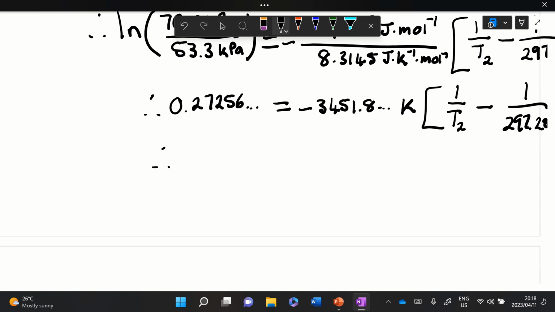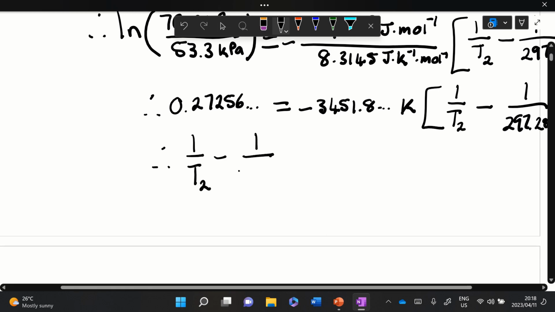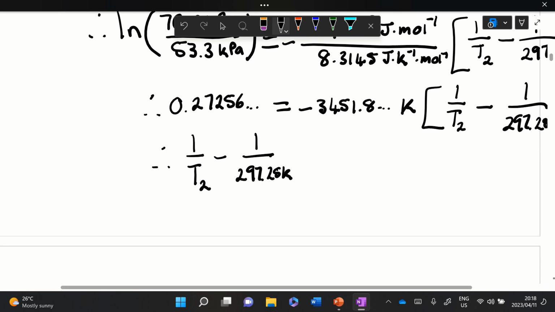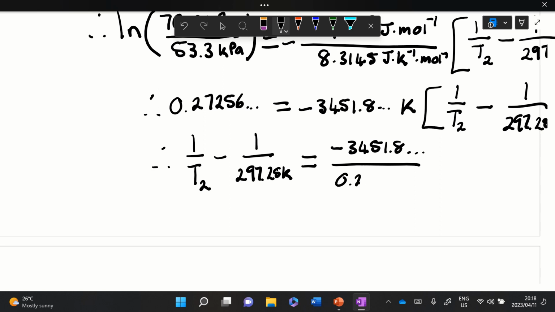So we're basically left with 1 over T2 minus 1 over 297.25 Kelvin equals minus 3451.8 divided by 0.27256 and so on.